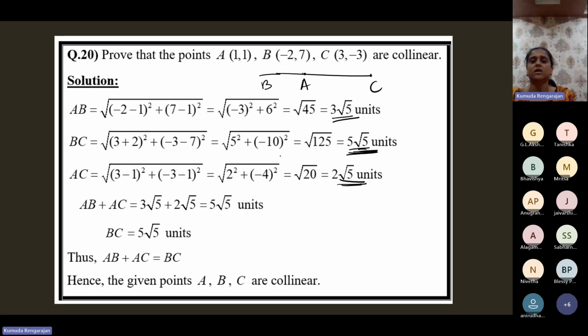The 3 points lie like this, or it can be like this also. A is basically between B and C, children. So it can be C here and B here also. A basically lies between B and C. So it can be BAC or it can be CAB, any order.